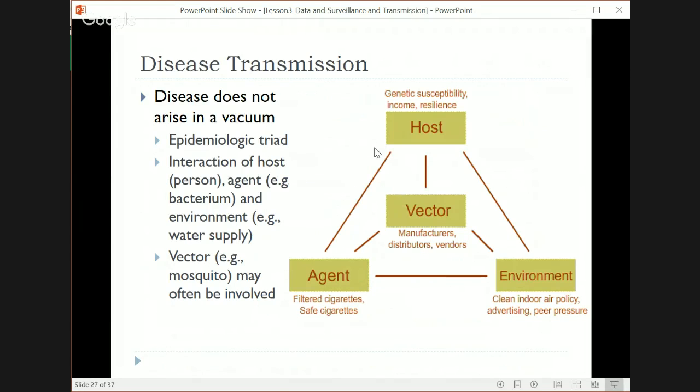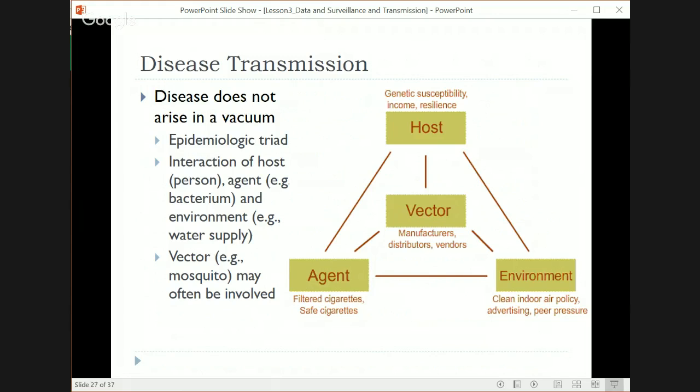So the host, the person who has some sort of genomic susceptibility, or perhaps resilience to infection. The agent, here the example shown is cigarettes, but I think it's easy to think of agent as your microorganisms, your bacteria and your viruses, that interacts with a host who could or could not be susceptible. And the environment. Why does the environment matter?